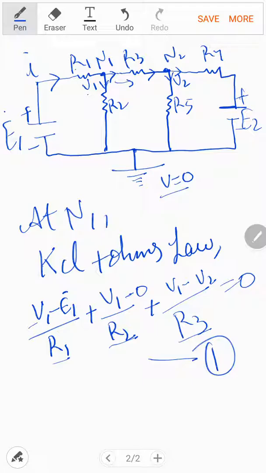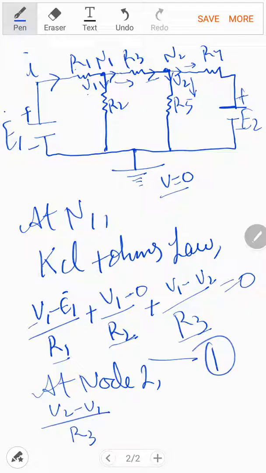Now moving to node 2, we have an incoming current, this one, and two outgoing currents, this one and this one. So at node 2 we have the incoming current: voltage V2 minus voltage V1, because the potential difference will be V2 minus V1, divided by resistance R3, this one.